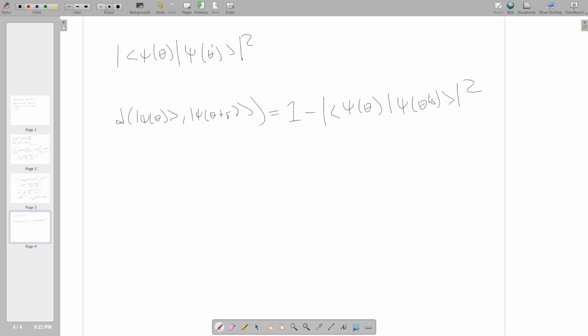Let's take the partial derivatives with respect to this. However, first we're going to use a handy trick. We know that this is just true, we have this, right?